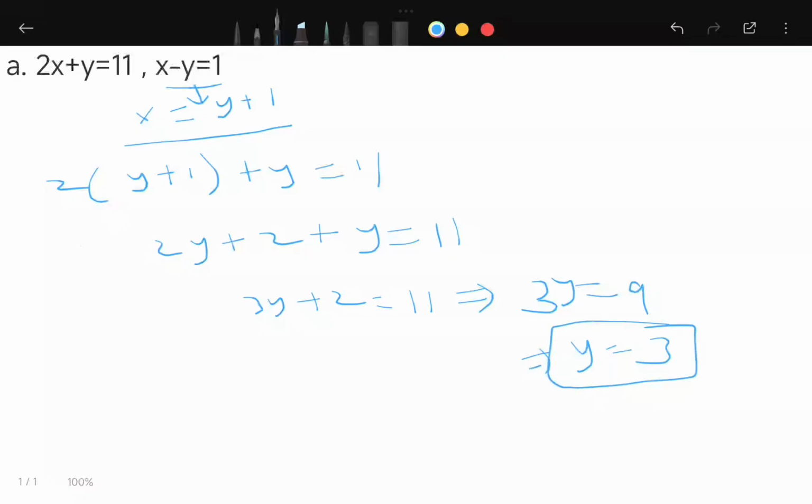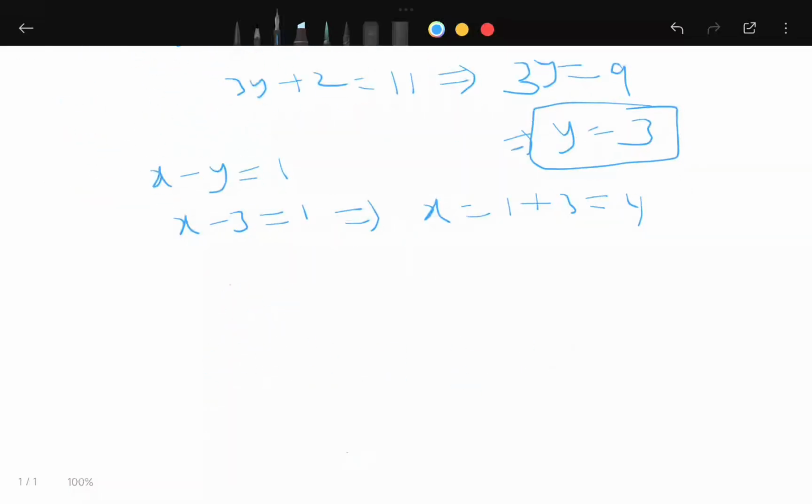So we got the y value. Now let us substitute the y value in any of the equations. I am taking the second equation and substituting. So x minus 3 equals 1, which implies x equals 1 plus 3, which is 4. So we got the x, y values as 4 comma 3.